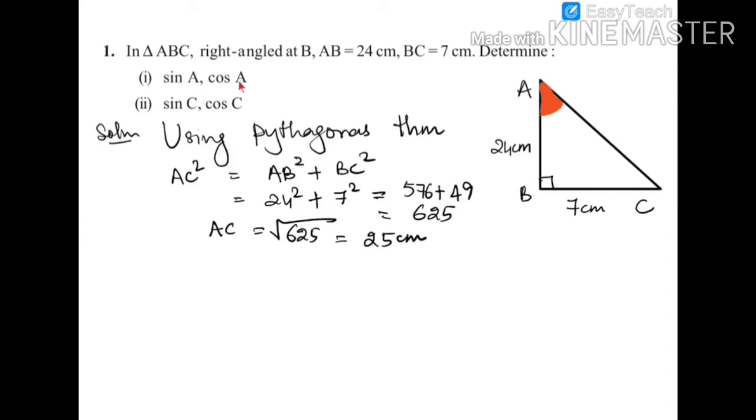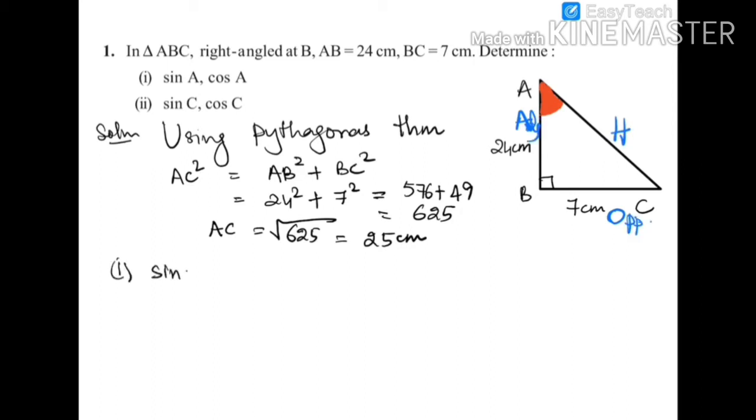The first part are the ratios for angle A. So I have marked angle A in the figure. Let's mark the opposite, adjacent and hypotenuse with respect to angle A. So opposite side will be BC, adjacent side will be AB, and hypotenuse is AC.